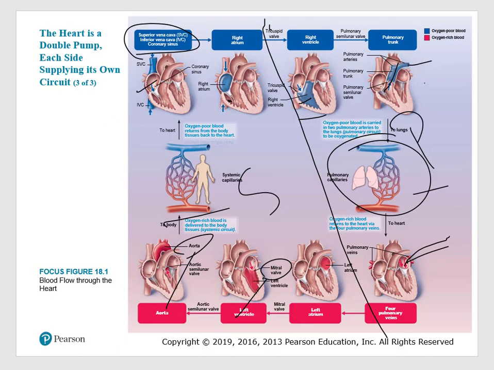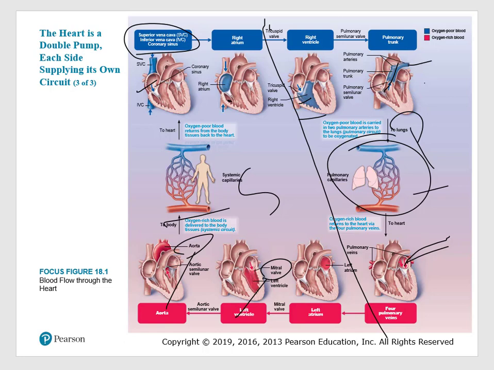So let me go back and explain once again. You have 3 blood vessels bringing in deoxygenated blood to the right atrium. Those are your superior vena cava, inferior vena cava, bringing in deoxygenated blood from the body, and coronary sinus from the heart walls themselves. Right atrium, then through the tricuspid, fills the right ventricle. Right ventricle pumps it through the pulmonary artery to the lungs.